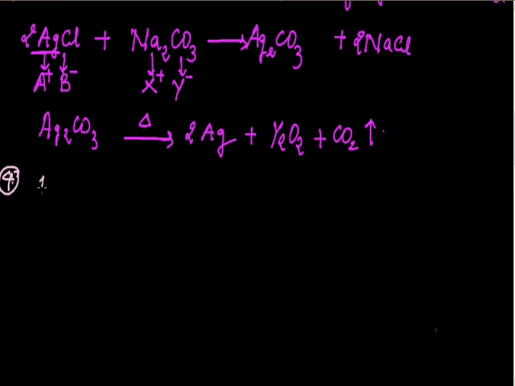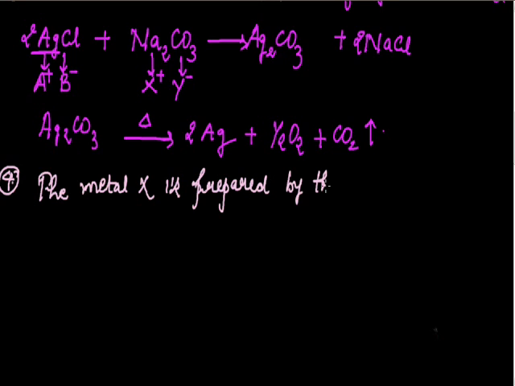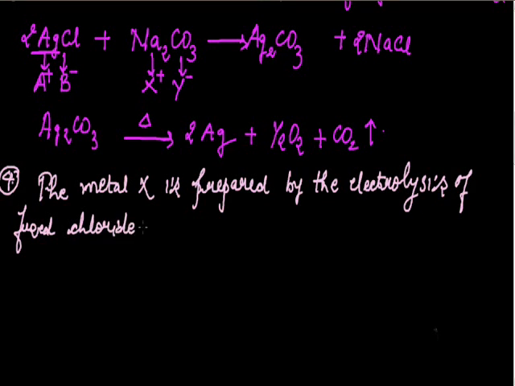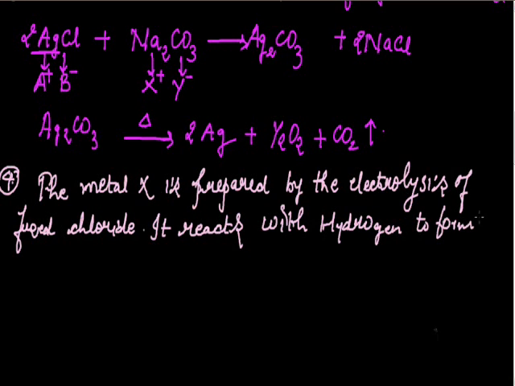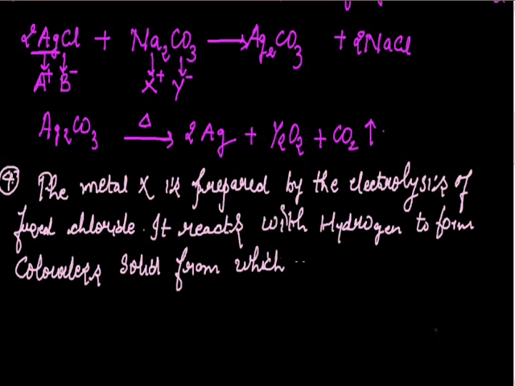Suppose there is a question. The metal X is prepared by the electrolysis of fused chloride. It reacts with hydrogen to form a colorless solid from which hydrogen gas is released on treatment with water.